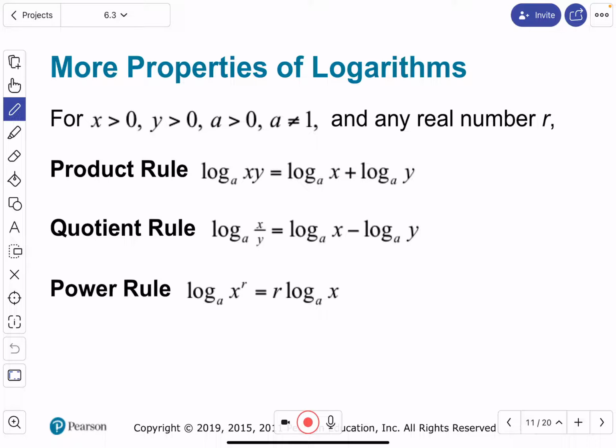There's ways you can rewrite functions, and they're called the product rule, quotient rule, and power rule. If you're multiplying two things in a function, you can break it apart with addition. If you're dividing, you can break it apart with subtraction. And an exponent can be rewritten in the front as a coefficient. So that helps you rewrite and solve when you're looking for certain things.